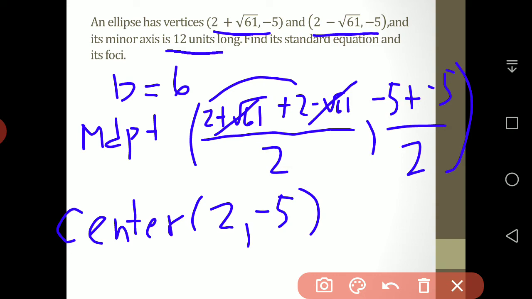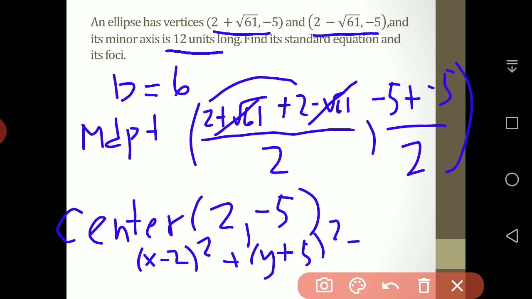Okay, so we can actually fill in some parts of our equation. So we have (x minus 2) squared plus (y plus 5) squared is equal to 1. We know b. However, where shall we put b?